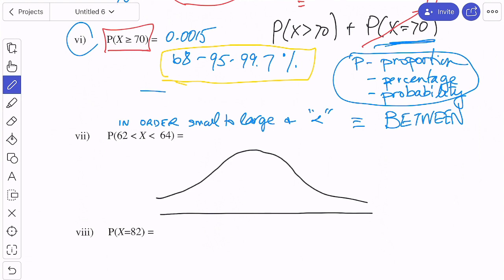And there's no density or proportion, percentage, or probability at a single value for a continuous distribution. It has to be a range of values. So you need to know that. I did say it in a video, I'm pretty sure. Can someone confirm for me? I did teach that in one of the pre-recorded ones.